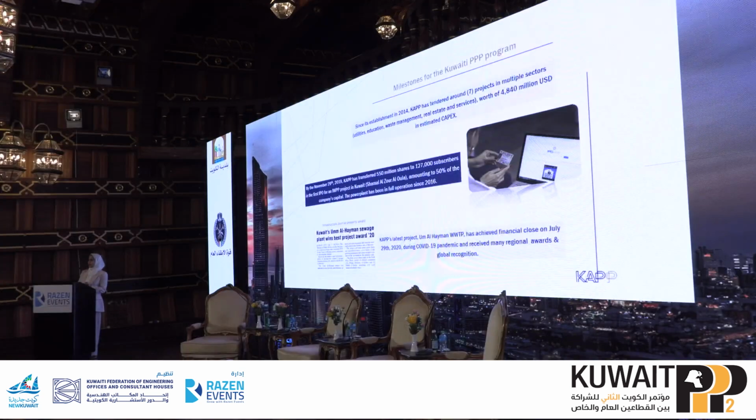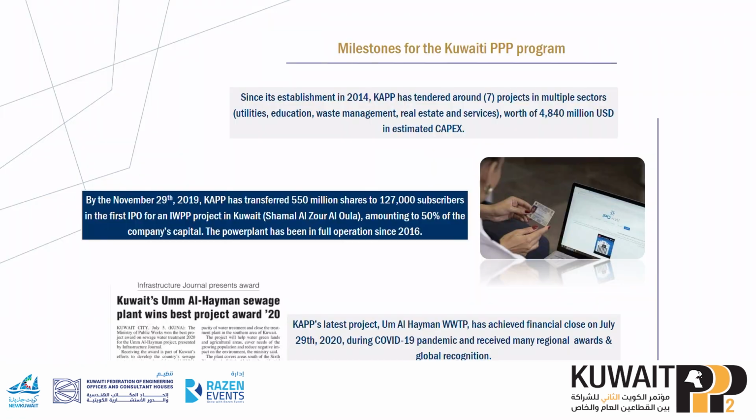The second project, and it's our latest project, is the Umm Al Hayman wastewater treatment plant. It reached the financial close in July 2020 during the COVID-19 pandemic, and it has received many awards.